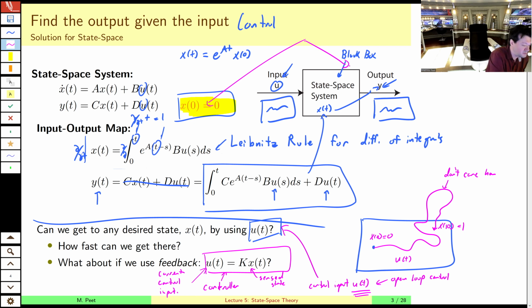Remember here, we don't care what x of t is. Well, how do we square that with the initial condition? Well, I don't think it comes up at all, in fact, in the entire rest of this course, basically. Well, no, when we get to nonlinear stability, there's a different thing.